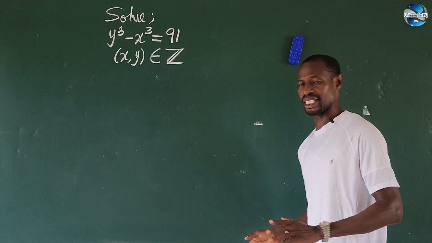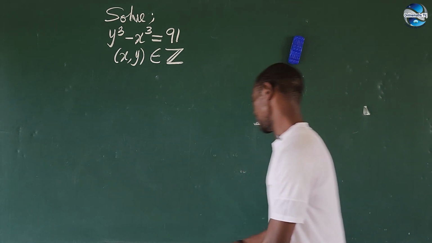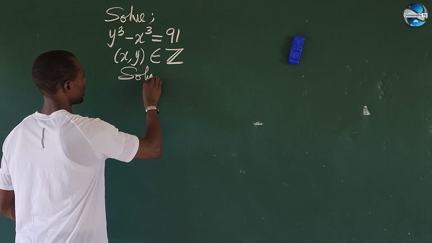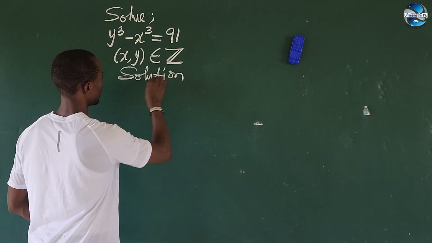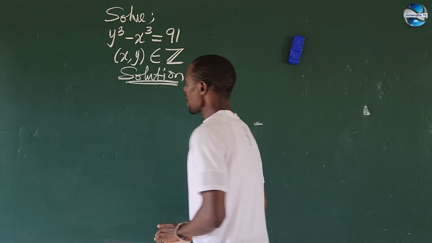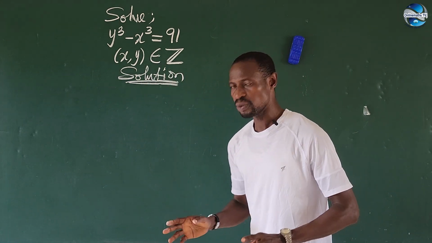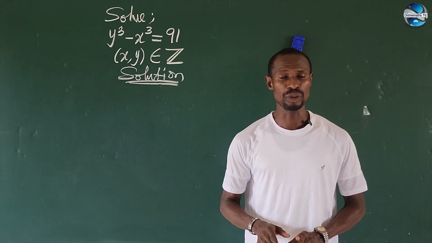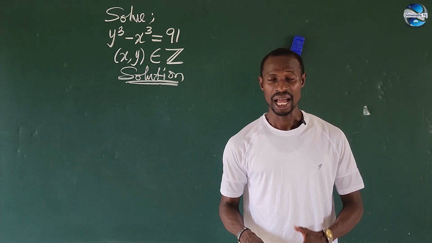So how we solve this is easy. So let's take our solution from here. First things first. Now, here, if you look at this very well, you can spot what we call the difference of 2 cubes on the left-hand side of the equation. And what does that say?